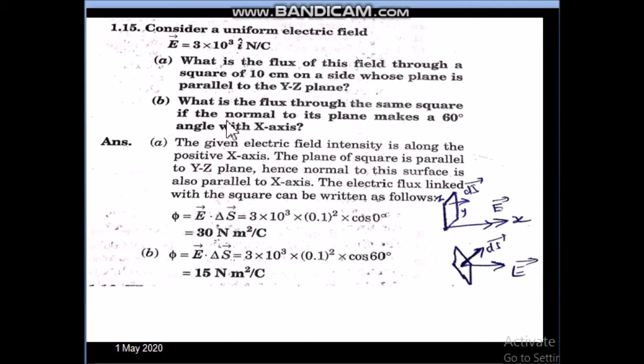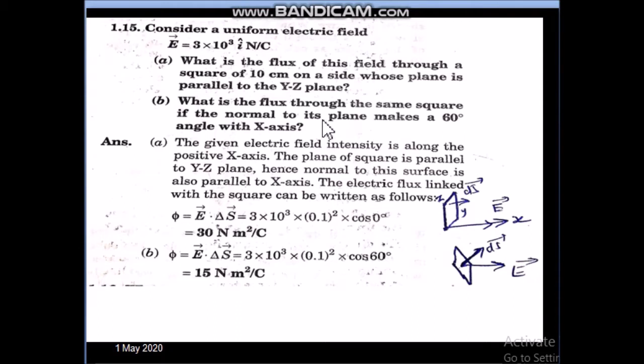Now we can handle the angles differently also. Like in the B part, the question is, what is the flux through the same square if the normal to its plane makes 60 degree angle with x-axis? Let us understand it with the second diagram. Now the square which is given is not along YZ plane.